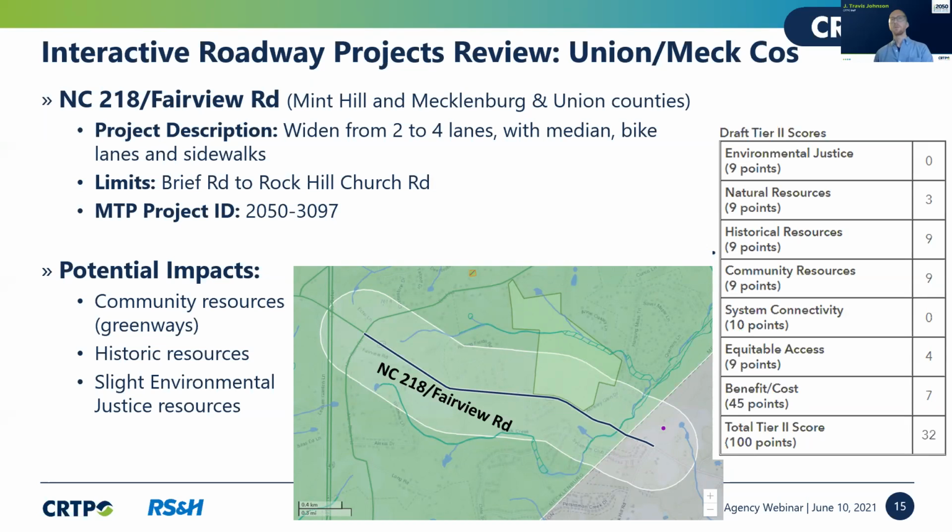Thank you, Neil. Looking at the Tier 2 scores, we can see that for environmental justice, it didn't receive points because it's going from a green to an unshaded color area, which means it's not connecting to districts. For natural resources, we see there's an effect, with a lower score for historical resources, community resources, and equitable access. Looking at the map, the historic resource close by is the Longhouse.